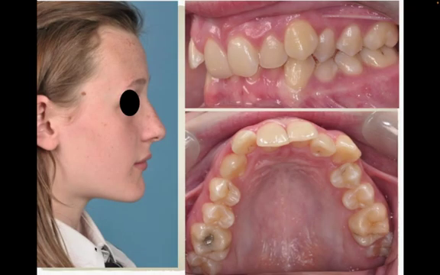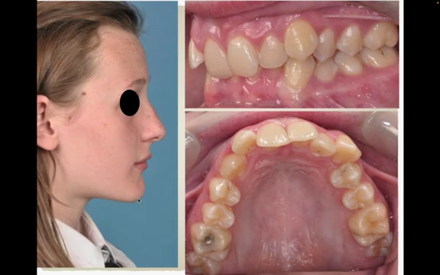That will result in a better profile in this case because of the prominent chin and the prominent nose. So the decision of extraction or non-extraction is multifactorial, but in this case, for the profile, we would like to procline the incisors because she has a prominent chin and prominent nose. She also has a deep overbite that will get even worse when we do the extraction.